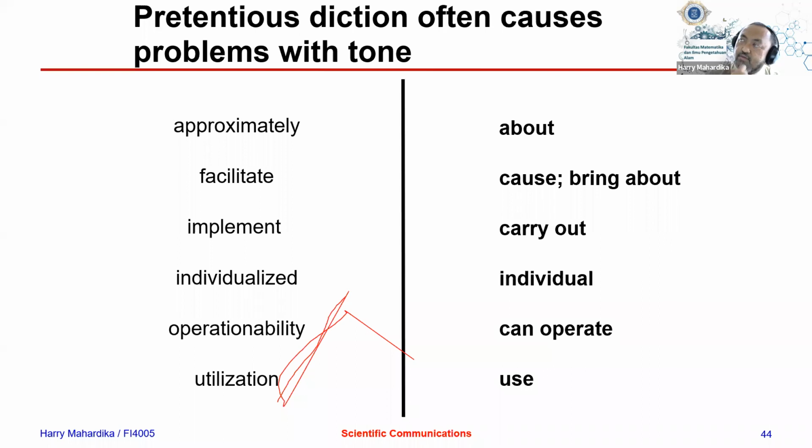Because sometimes when we use about instead of approximately, the sentence becomes not that scientific, not that formal. So make sure that the choice of word that you use in one sentence will not change the meaning or the nuance of the sentence itself. Okay. Because some can here, facilitate, cause, bring about, implement, carry out, etc.